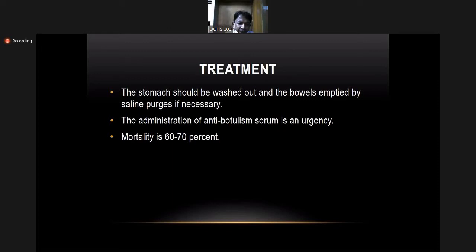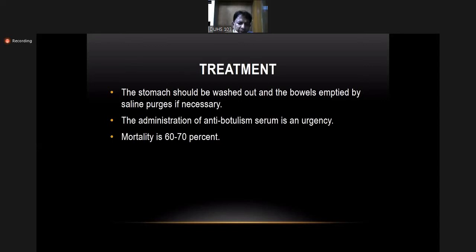But it does not act on the GI, as learned in the earlier slides. It does not hit the GI system. It acts on the higher brain centers, then on the respiratory smooth muscles, which are paralyzed. The administration of anti-botulism serum is urgent. This is the particular specific antidote.